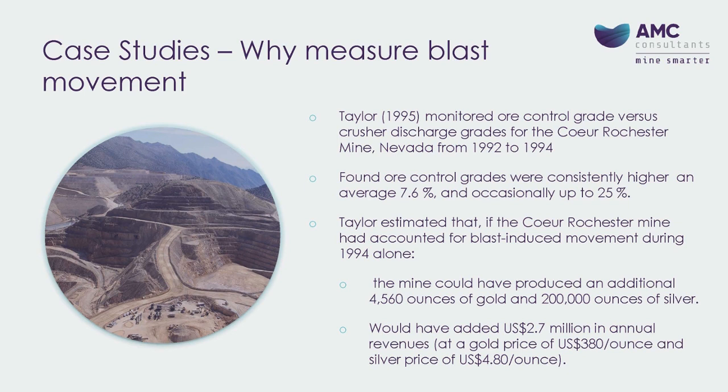Taylor estimated for the Rochester mine during 1994 alone, if blast-induced movement had been accounted for, the mine could have produced an additional 4,500 ounces of gold and 200,000 ounces of silver. This would have added 2.7 million in annual revenues for the Rochester mine in 1994. And this was at a time where gold price was at $380 an ounce. So even then, significant value to be added to the operation.